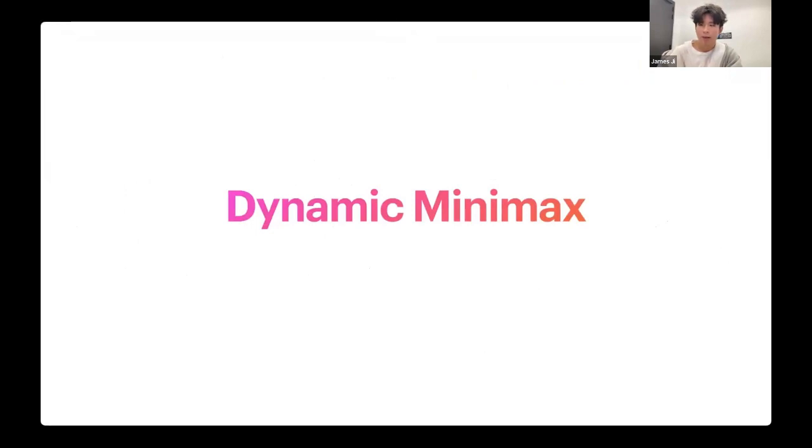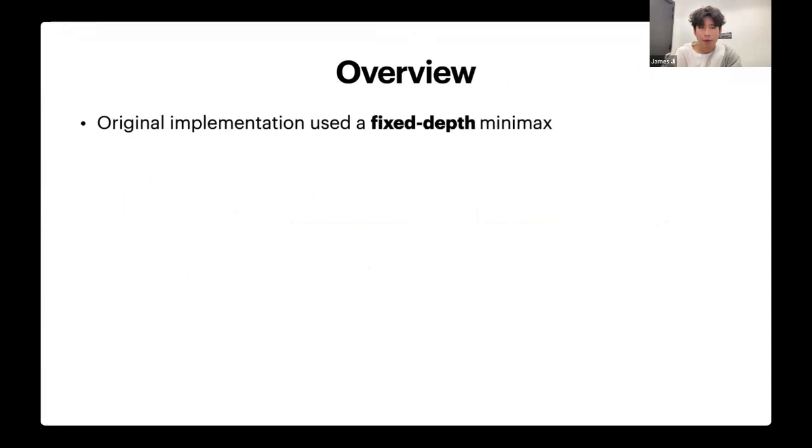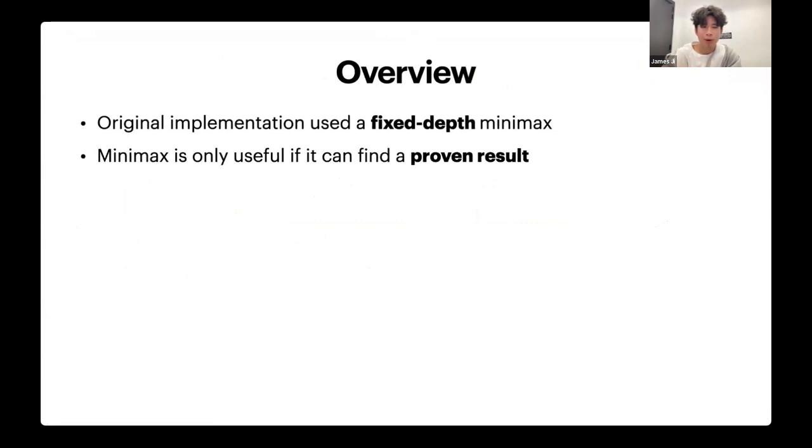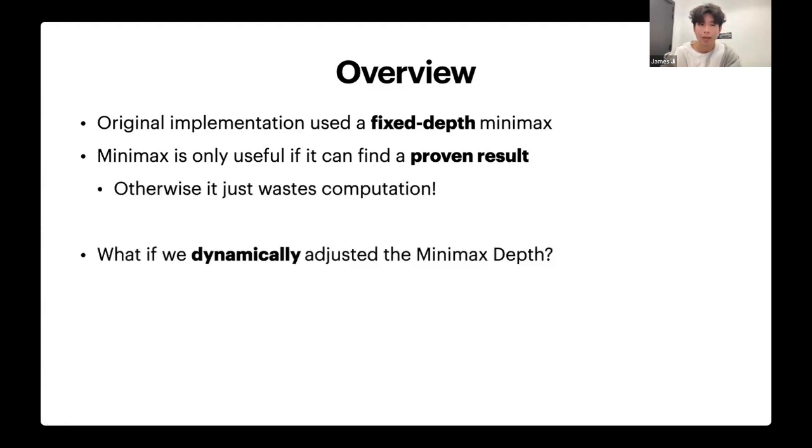So now let's talk a bit about dynamic depth minimax. The original paper used a fixed depth minimax, and I think it achieved very good results, but I think there are some problems with a fixed depth minimax. And that is a minimax is only useful if it finds a proven result. Because if you run a minimax and you cannot find any proven wins or losses, then you return no useful information and you just wasted a lot of computation for no reason.